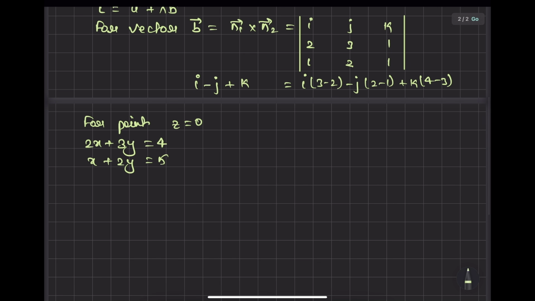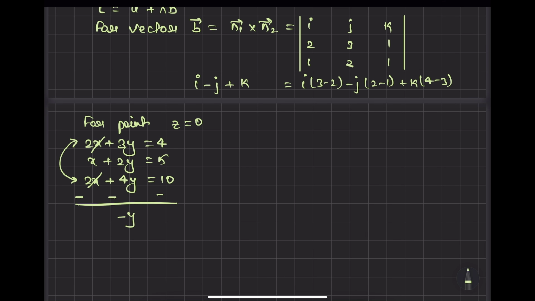Now you need to solve this and this for x and y. So we will multiply the second equation by 2. So it will become 2x plus 4y equals 10. Now we will solve these two equations by subtracting. So minus, minus and minus. So this thing is gone.